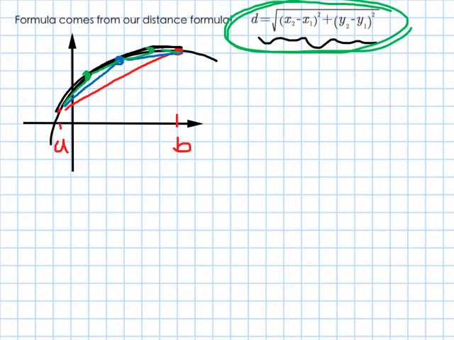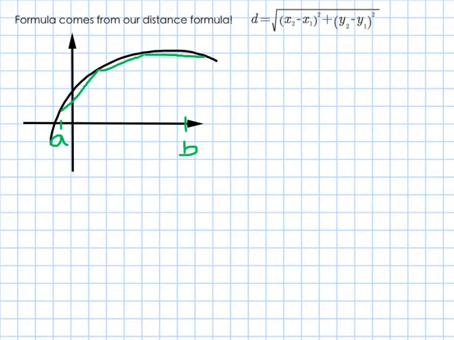All right, so I'm going to go through this in a very broad and crude way. If I want to find the length of each of these little line segments, I'm going to use my distance formula. I'm going to break up the length of my whole interval into a certain number of segments. Let's say I divide it into n segments.